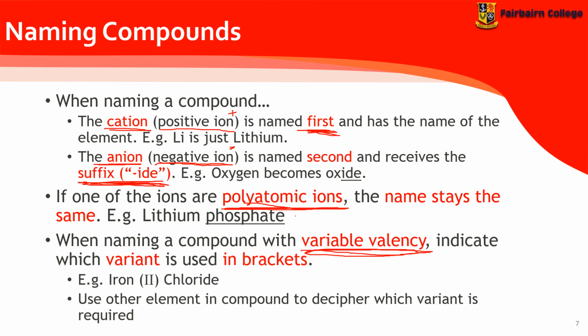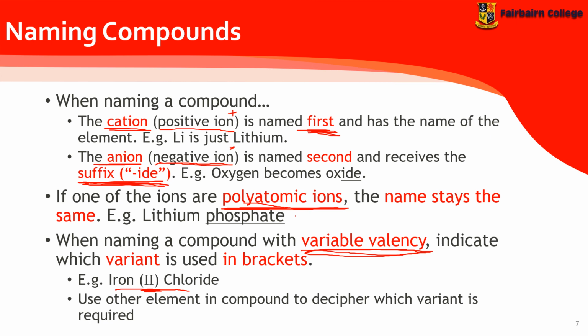So we need to use the variant in brackets, and that variant is written in Roman numerals. In this case, iron chloride, since it is iron plus 2 that was used in this compound, it is iron(II) chloride.